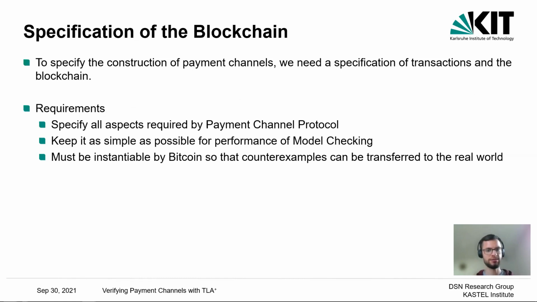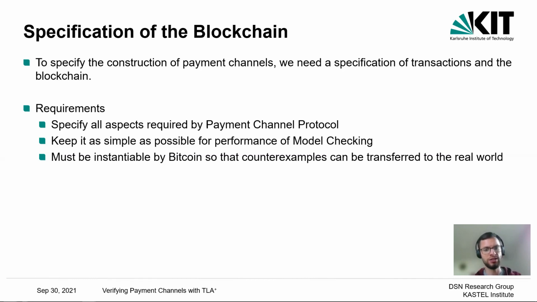Now, before we can specify the protocol for payment channels, we first need a specification of transactions that are used and the blockchain. The requirements for this specification are first that we need to specify, of course, all aspects that are required by the payment channel protocol.